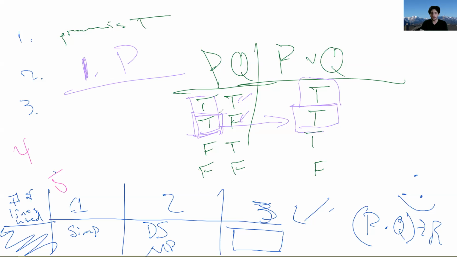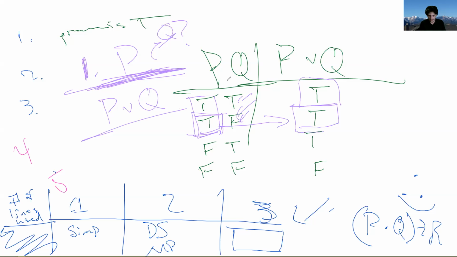I didn't even have to know what Q was. So I get to say P or Q. And what's weird about this? Where's Q? This sentence has nothing to do with Q, yet I'm able to entail a sentence that has it. So let's think about why this works.